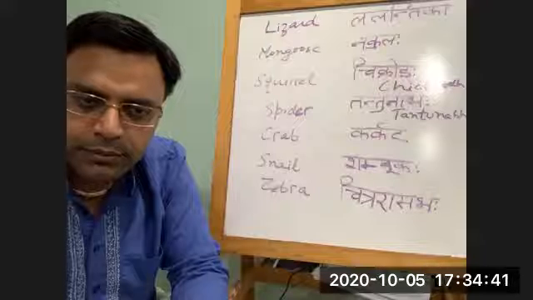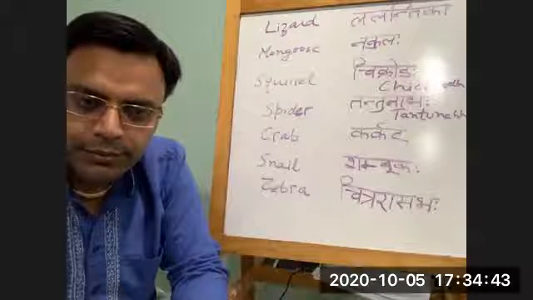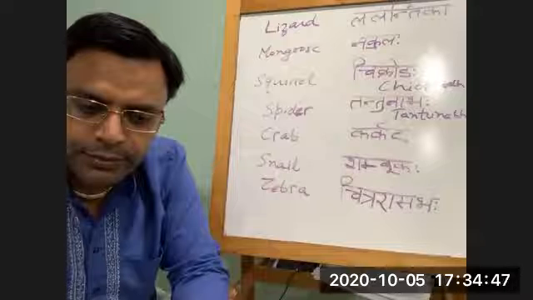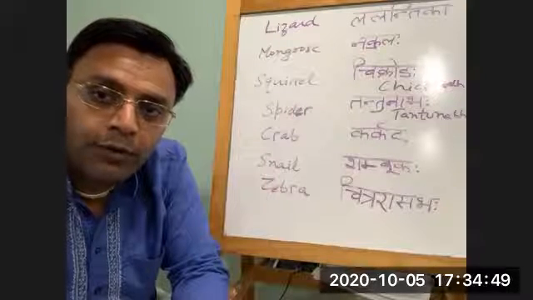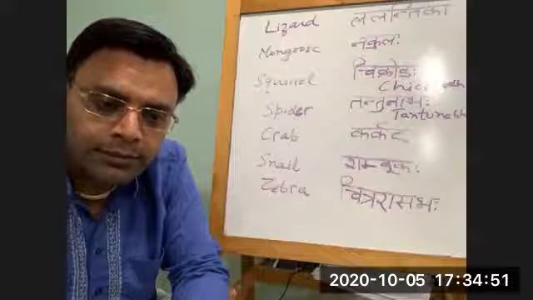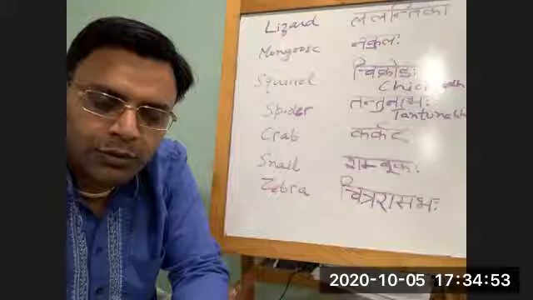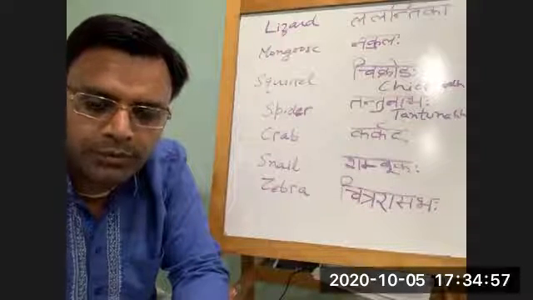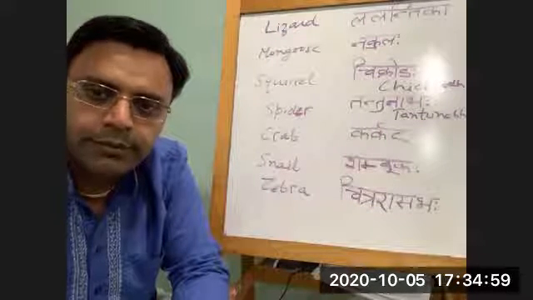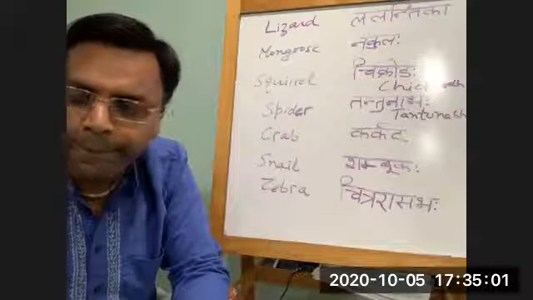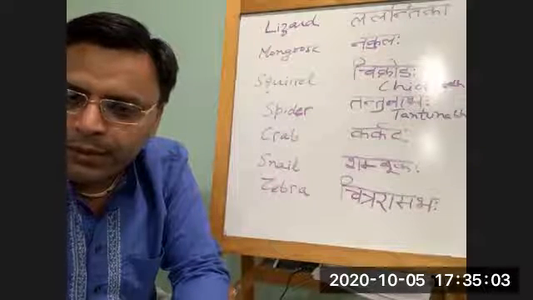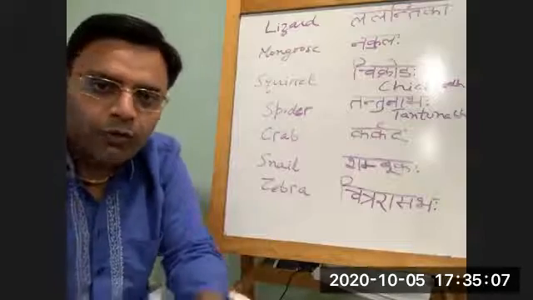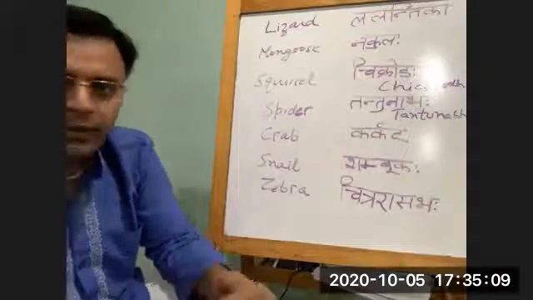And what is the Sanskrit word for toad? Toad and frog are kind of the same thing. It's called Mandukah. I lost your voice, I don't know if you went on mute. Hopefully you got it.